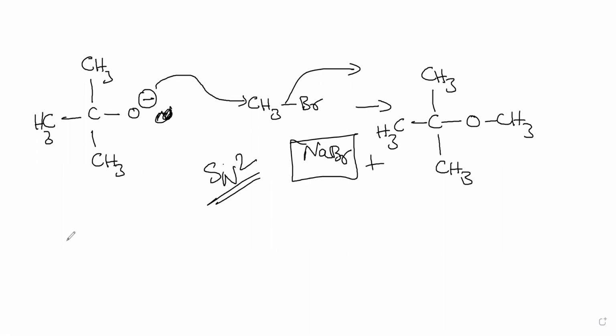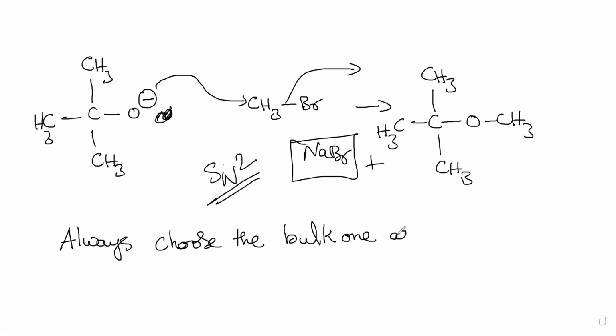And now always for Williamson synthesis, always choose the bulky one as nucleophile. This is the principle you have to remember while doing Williamson synthesis. So we got the target product that we obtain. The problem, if I do the other way, what happens? There is a problem.